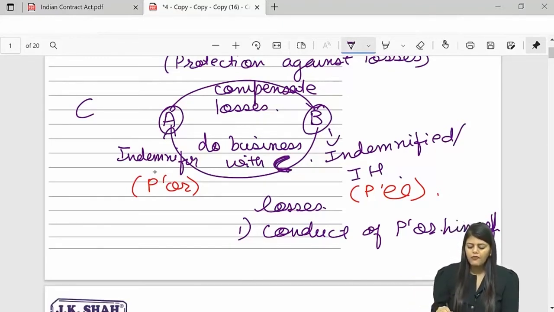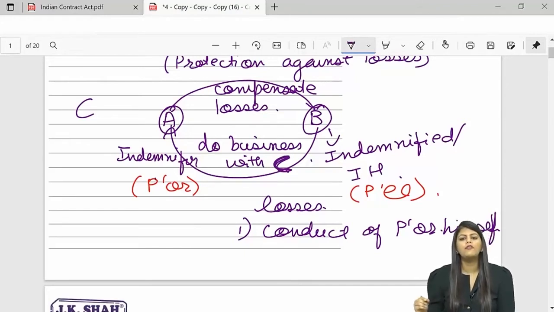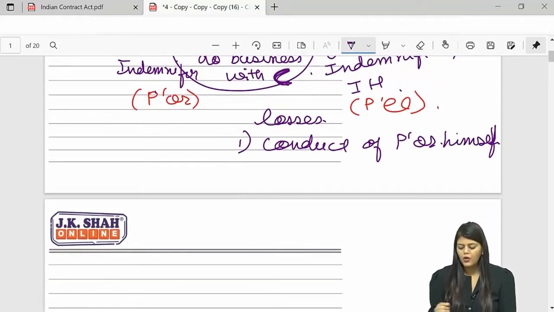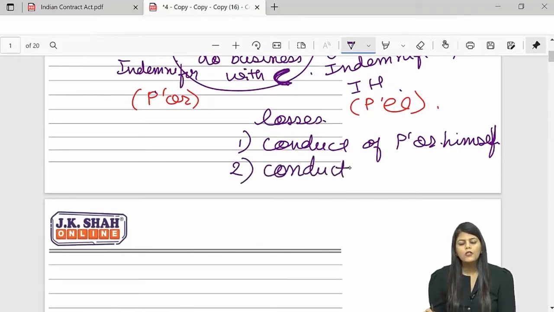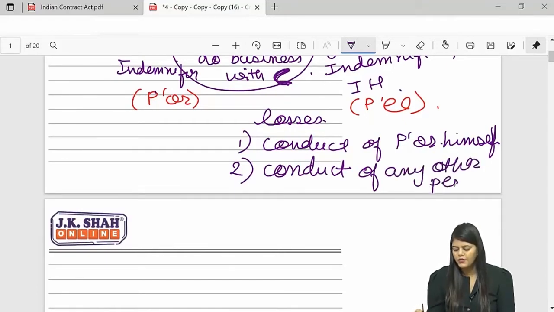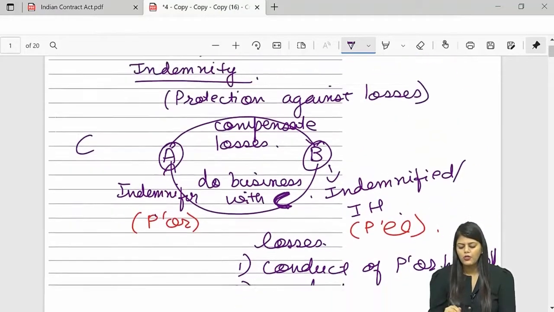A is the indemnifier and B is the indemnified or indemnity holder. But previously, A was protecting B for any losses incurred due to the conduct of his own self. Now he is protecting B for any losses incurred due to the conduct of any other person. So here it is nothing but an indemnity contract.